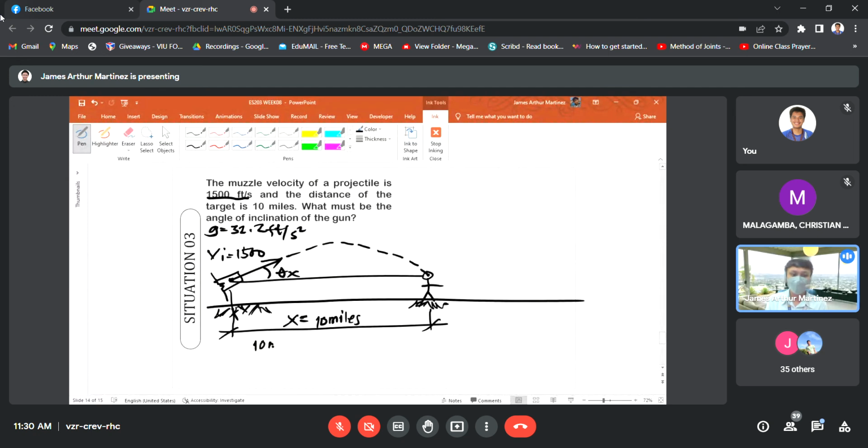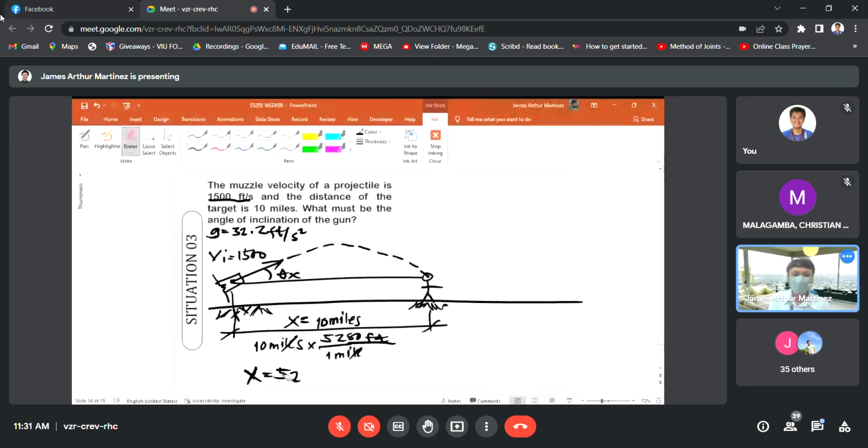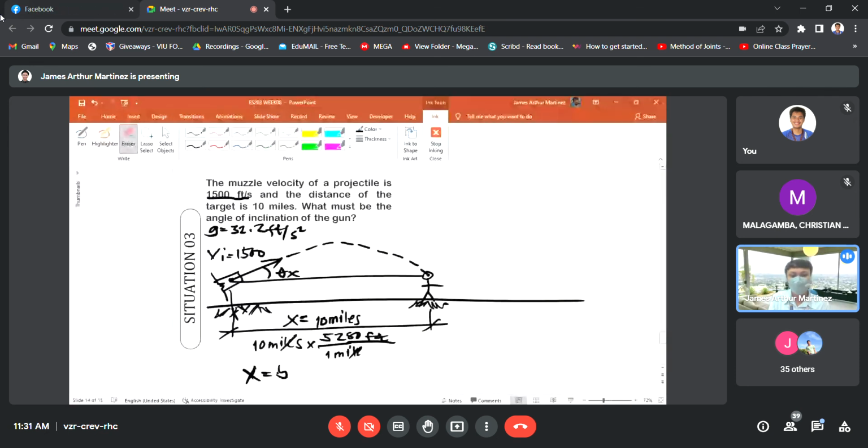So how much is 10 miles in feet? In 1 mile you have 5280 feet. So cancel, therefore x is 10 times 5280, which is 52,800. Since the multiplier is just 10, we just add a 0.